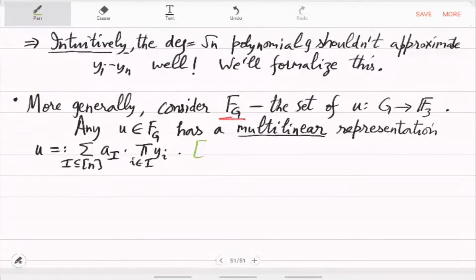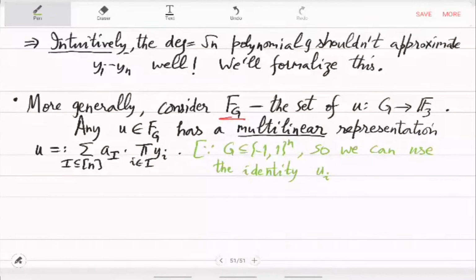Because G is a subset of -1 plus 1. So we can use the identity yi square equal to 1 for all i.